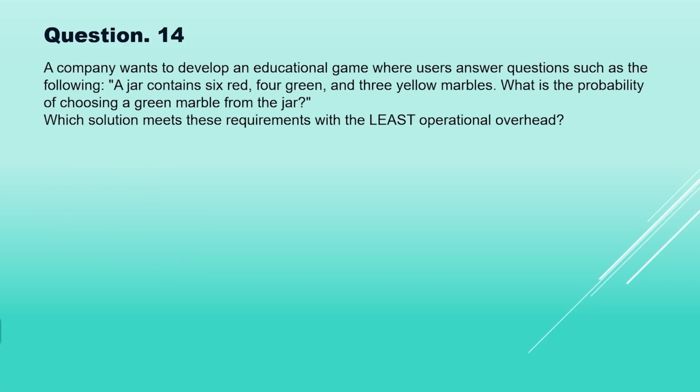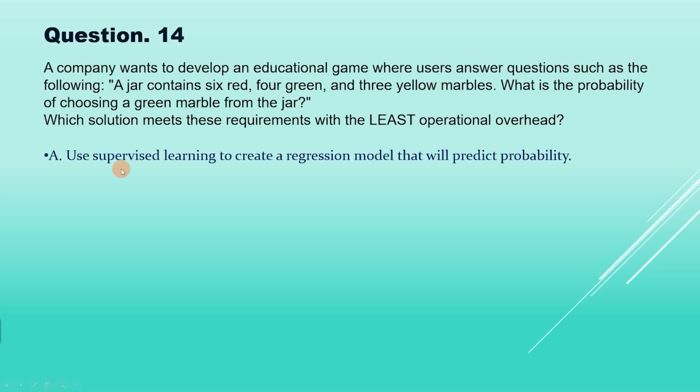Now question number 14. A company wants to develop an educational game where users answer questions such as the following. A jar contains 6 red, 4 green and 3 yellow marbles. What is the probability of choosing a green marble from the jar? Which solution meets this requirement with the least operational overhead? Here are the options.